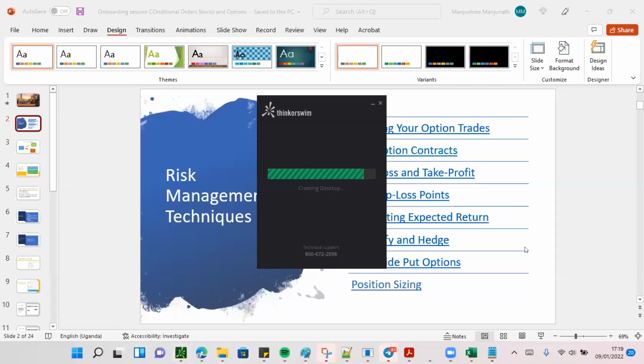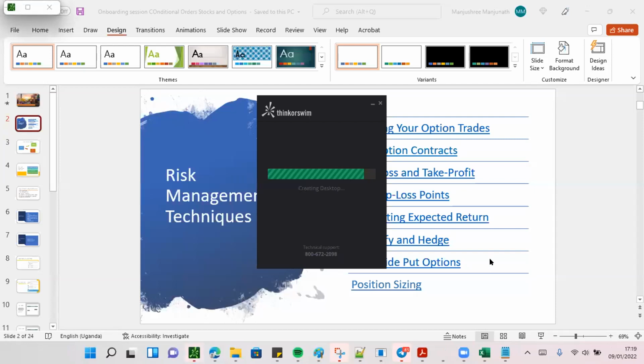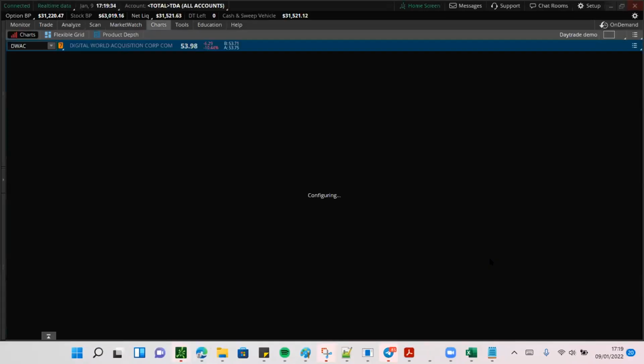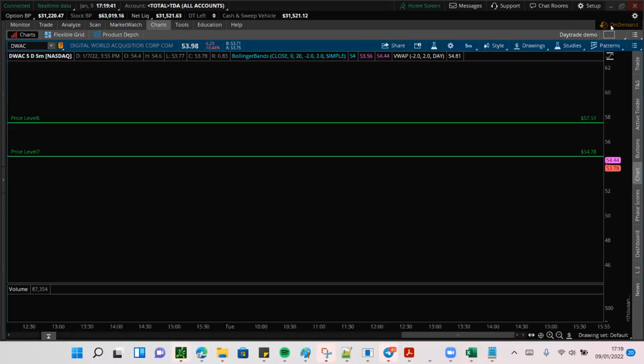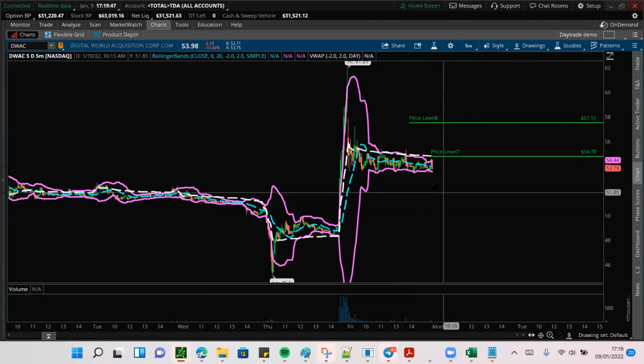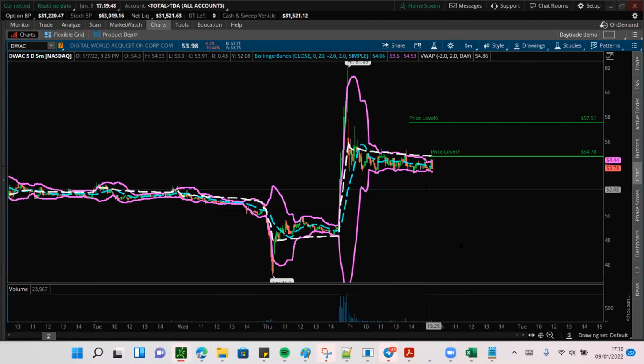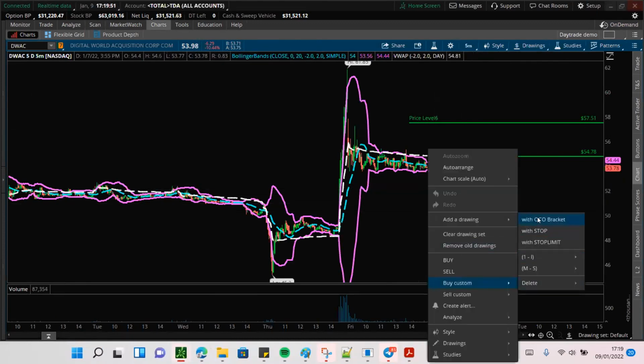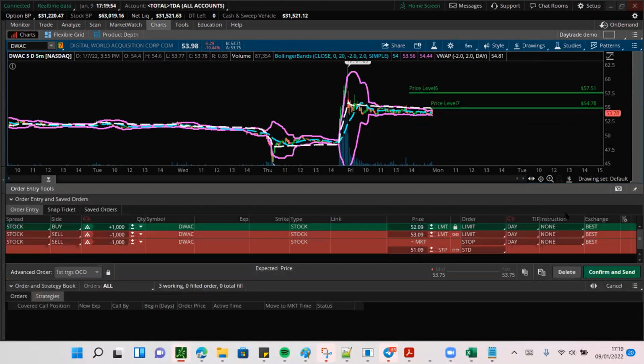I'll show you. Okay, so I'll just make one custom order right here, shown with one OCO bracket.